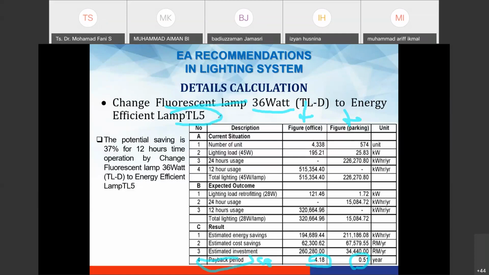Even for this parking area, when we do the retrofit program from the conventional fluorescent lamp to the EE T5, within only 5 months this client will get their payback period. The potential saving is 37% for 12 hours of operation.